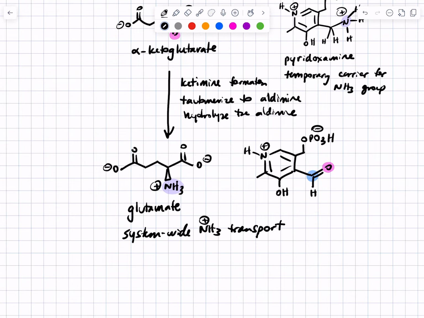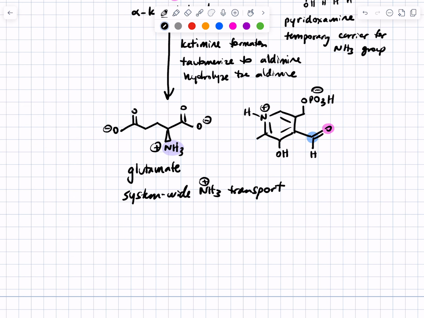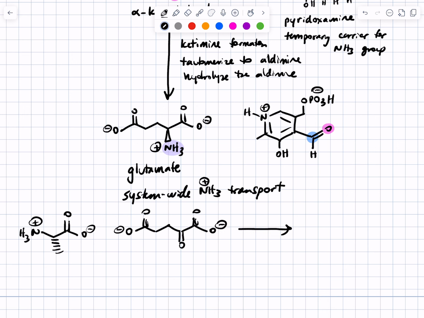But for most aminotransferase reactions, if you go look up what the reaction is in biology and you want to see it summarized, you'll start, for example, with alanine, and then they will list alpha ketoglutarate as a substrate for the enzyme, and the enzyme is called alanine aminotransferase, and the cofactor is PLP.